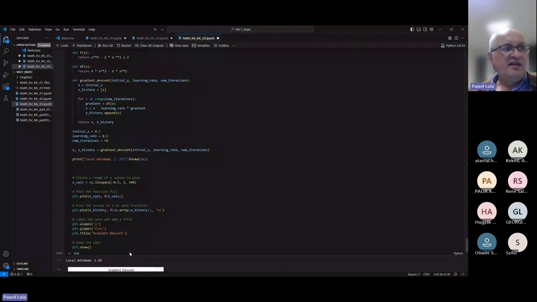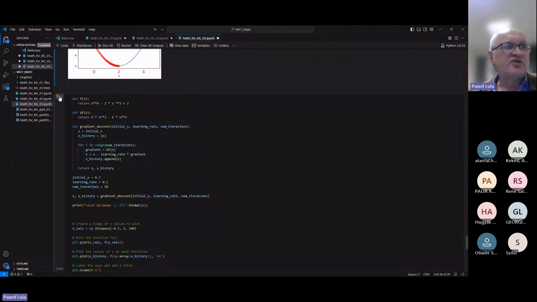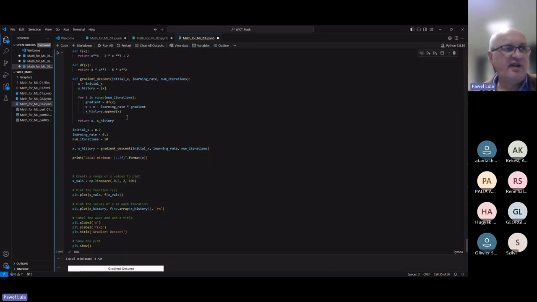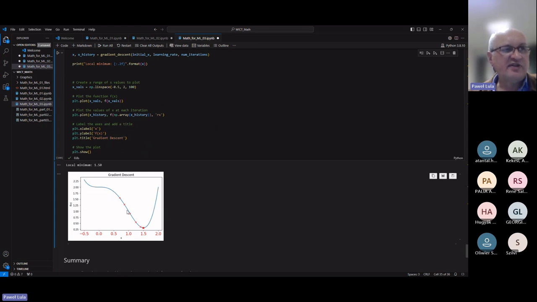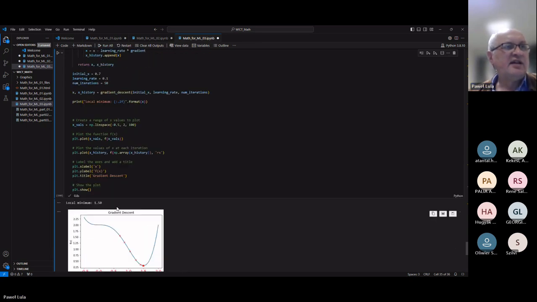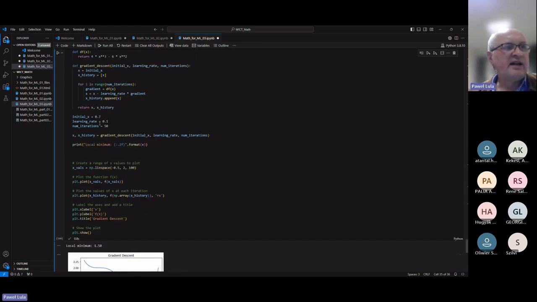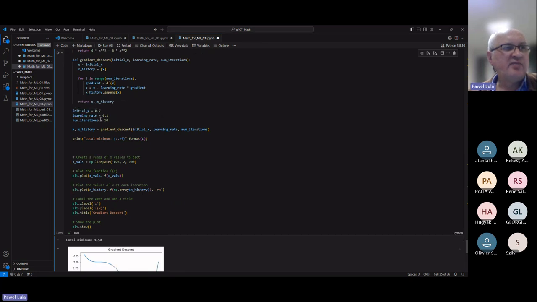Here I have a copy of this program, but I defined another function. This function is defined here. Its first derivative is defined here. I started my calculation at point x equal to 0.7.